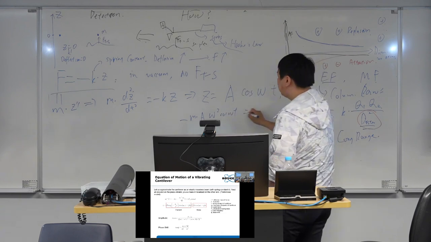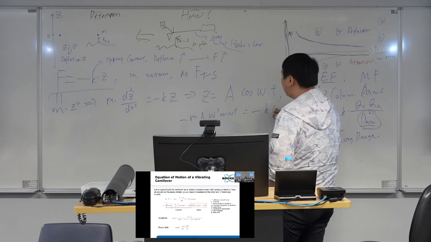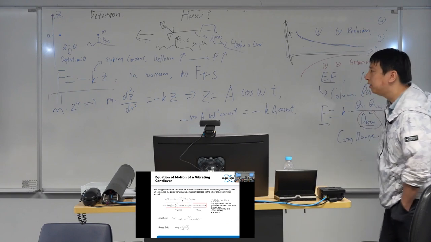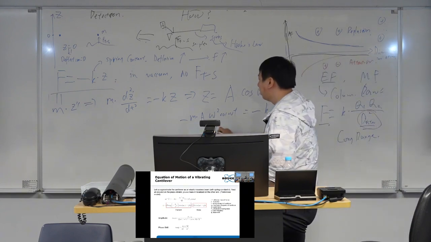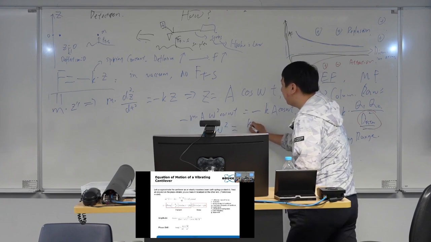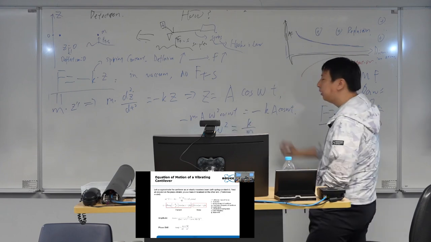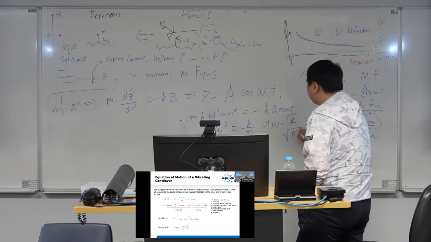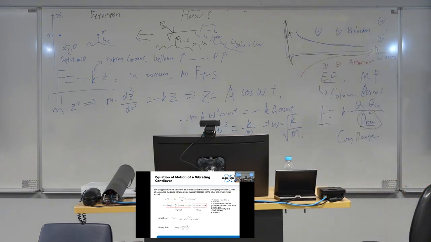The right side is negative k A cosine omega t, right? So we can tell omega squared equals k divided by m. Omega equals the square root of k over m.